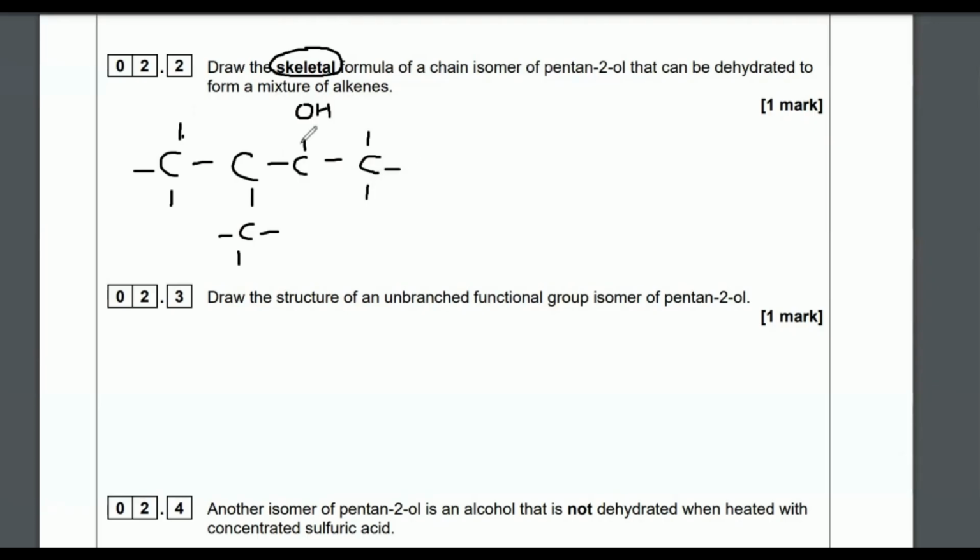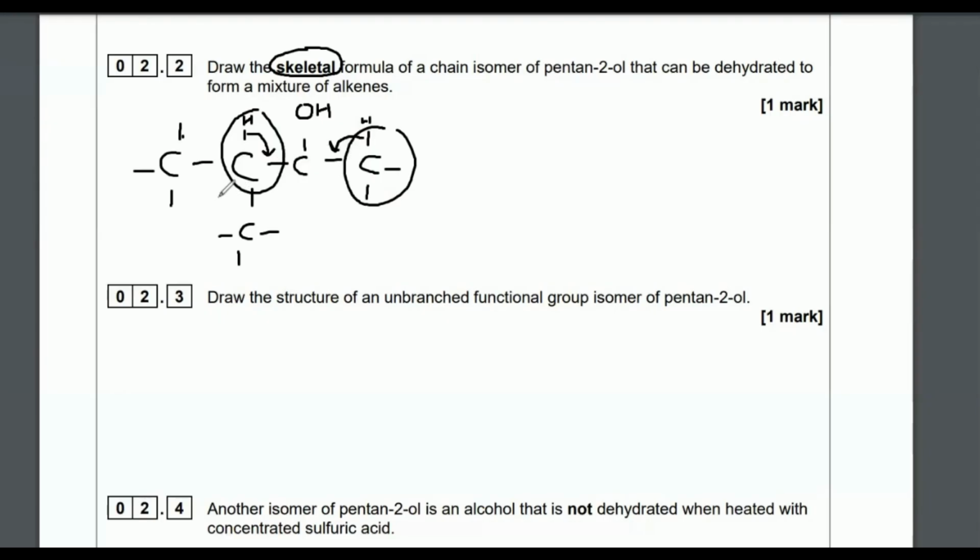So we are able to form two different alkenes here, as long as the carbon atom here and this carbon atom here possess a hydrogen. Because what happens when you dehydrate an alcohol is the carbon adjacent to the carbon with the hydroxide group donates its pair of electrons from a hydrogen to the double bond.